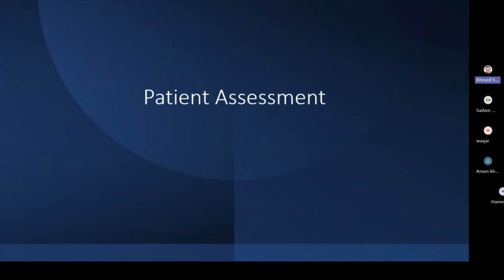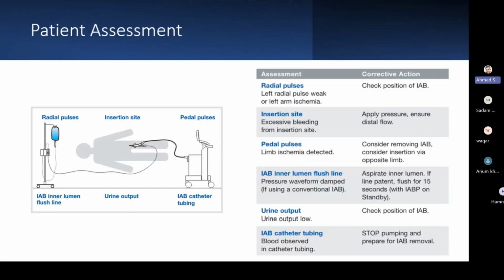Patient assessment during the run of the intra-aortic balloon. So this is your patient, and this is the intra-aortic balloon, this is the catheter, and this is the console, and you will have this line connected to the arterial transducer, which is connected to the heparin line in order to maintain the patency of the arterial line.